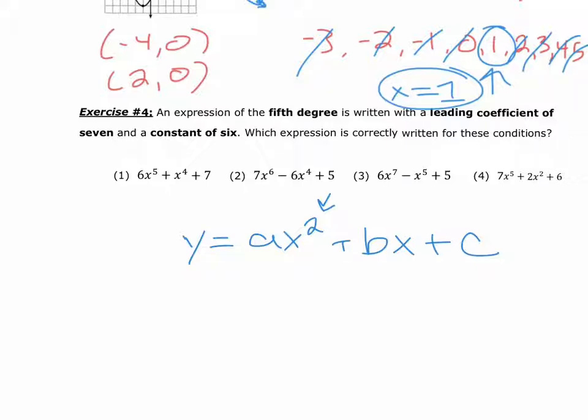So if it's 2, you'll have 2 zeros. If it's 5, you'll have 5 zeros. 4, 4 zeros, and so on. Here I put squared because that's what you'll commonly see, but that's really just your exponent. It's your highest leading exponent, the degree.